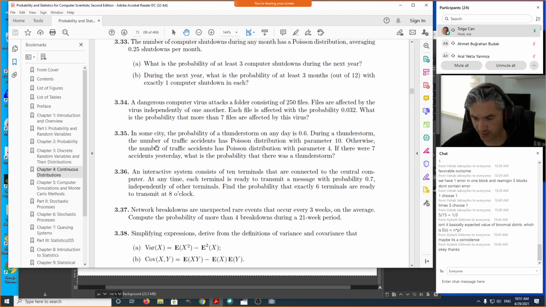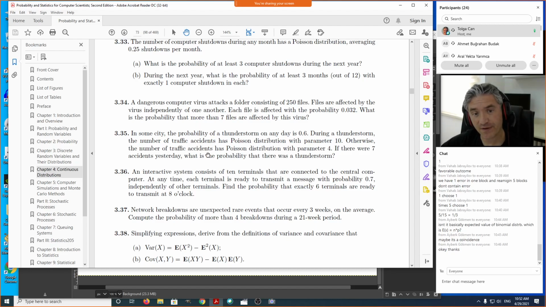And there is another one that may be interesting. Let's see. Oh no, 3.35, and then I'm going to move to chapter 4. Let's look at this. In some city, the probability of a thunderstorm on any day is 0.6. And during a thunderstorm, the number of traffic accidents has Poisson distribution with parameter 10, which is lambda equal to 10, so 10 traffic accidents in a day.